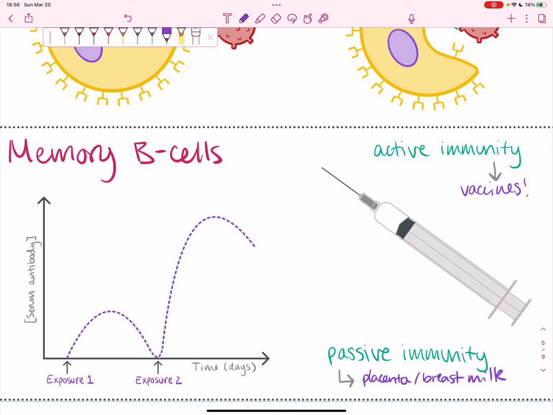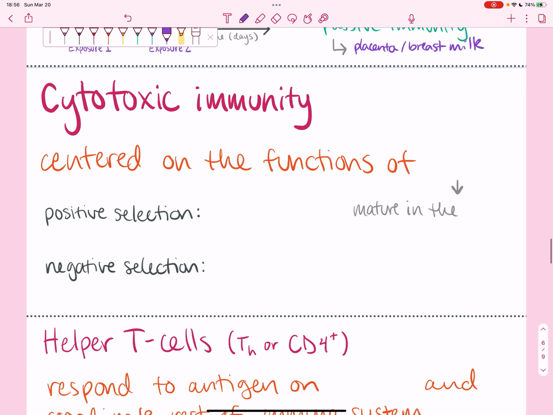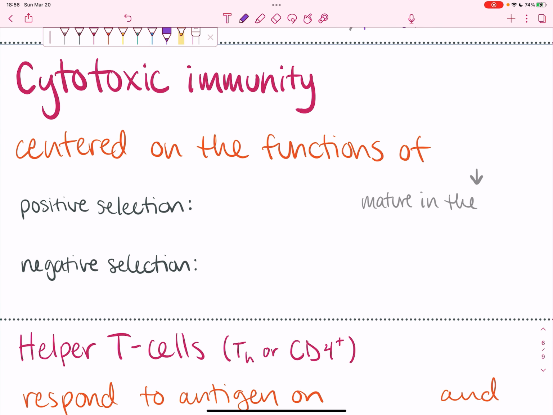Okay, so now we'll continue with cytotoxic immunity, also known as cell-mediated immunity, which is centered on the functions of T-cells.